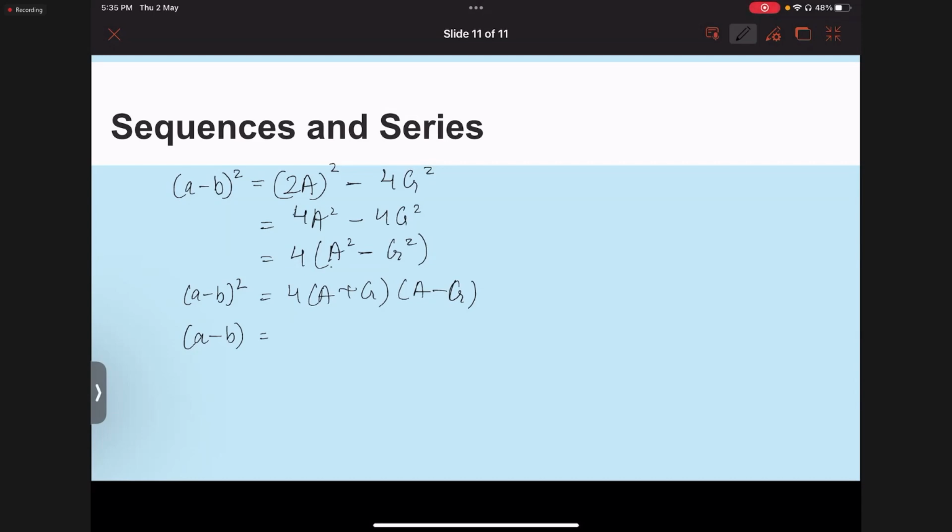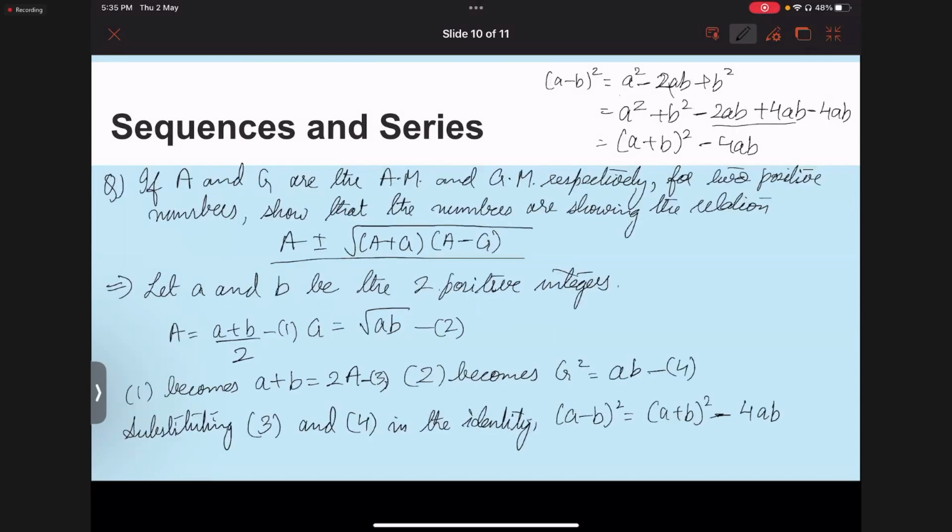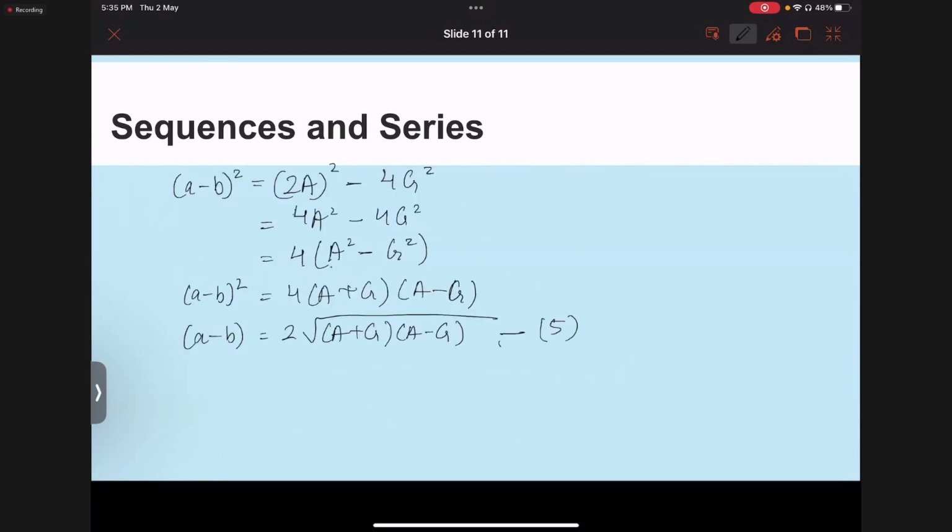What we now get is a − b = 2 under root (a + g)(a − g). Let us write this as equation five. Now you see in the third you had a + b is 2a, and over here you have a − b.